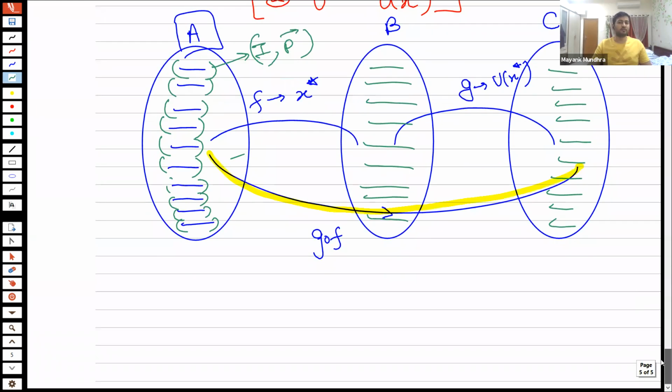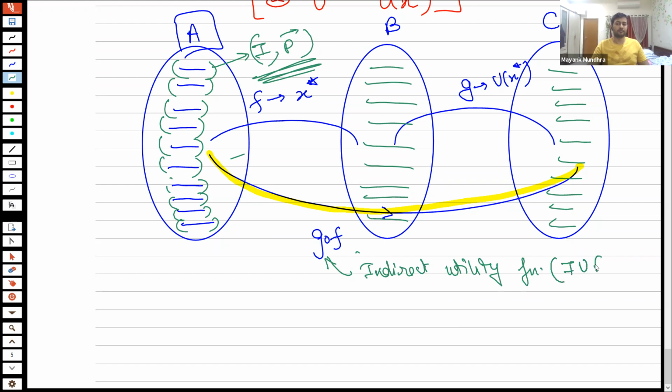So the function which takes you directly from income and prices to the utility level is called the indirect utility function, IUF. The indirect utility function directly takes you from different I and P ratios to the utility levels.